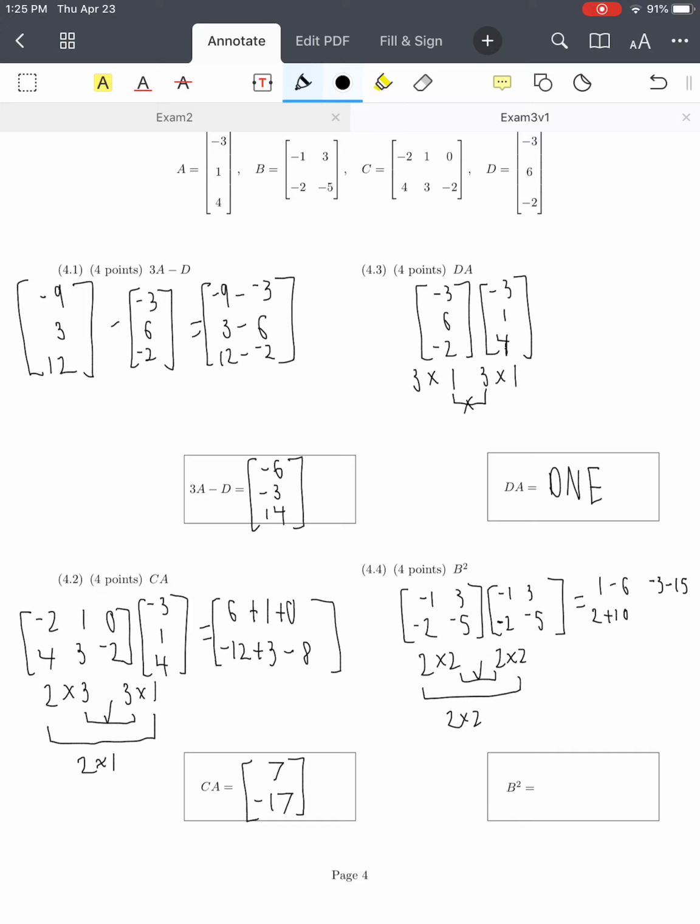And then -2 times 3, plus -5 times -5. And simplifying those, that gives me 1 minus 6 is -5. -3 plus 15 is 12. 2 plus 10 is 12. And -6 plus 25 is 19.